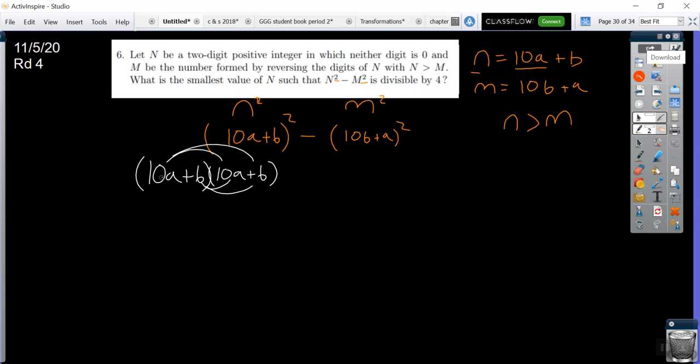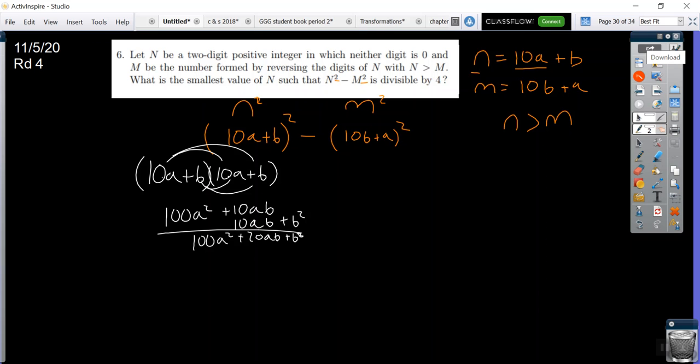That's going to give me 10a times 10a, which is 100a squared. 10a times b is going to be 10ab. b times 10a is again 10ab. b times b is b squared. Combining the similar terms, that's going to give me 100a squared plus 20ab plus b squared.